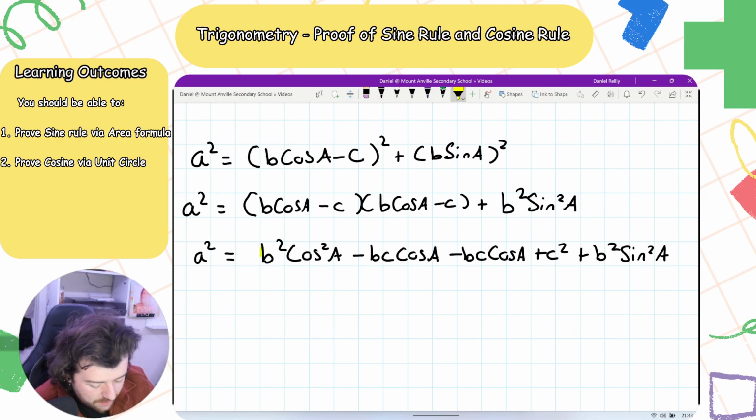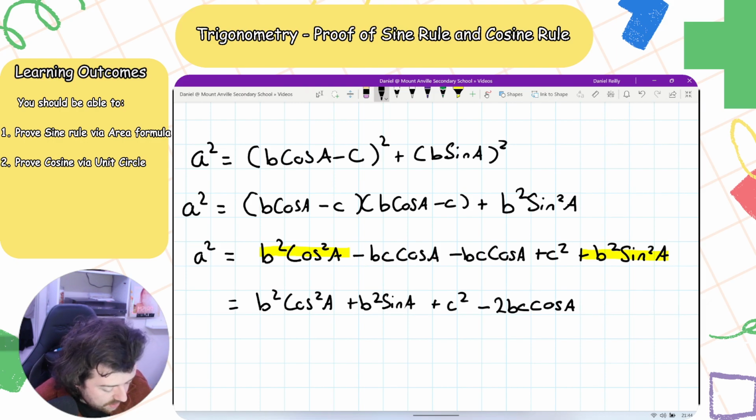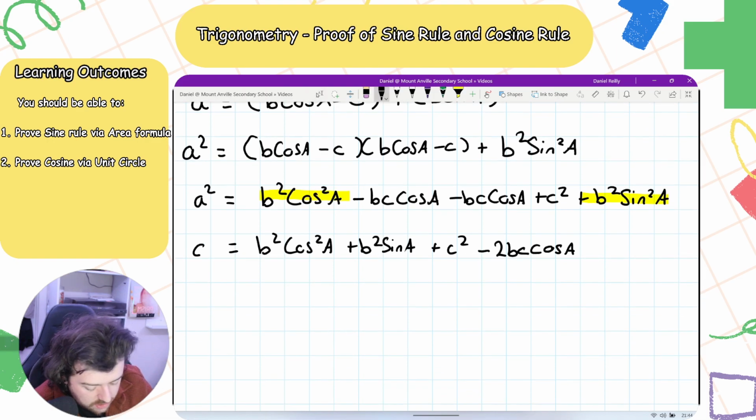What I'm going to do is gather these two terms here, b squared cosine squared A and b squared sine squared A, then plus c squared, and minus bc cosine A minus bc cosine A is minus 2bc cosine A. So we're so close to my cosine formula. What I just need to do now is factor out a b squared, because they have a b squared in common.